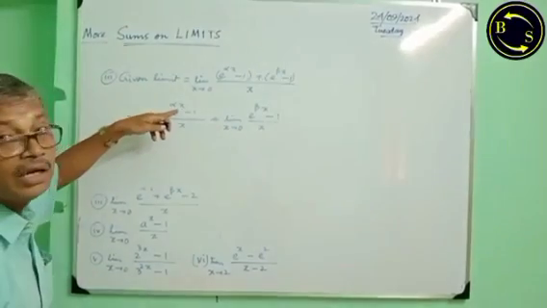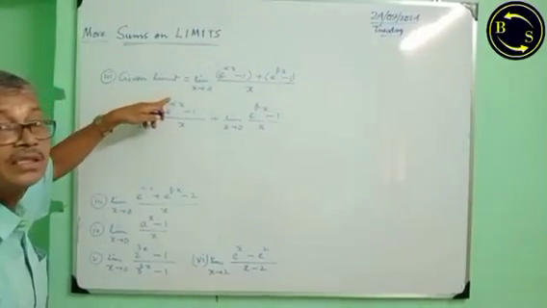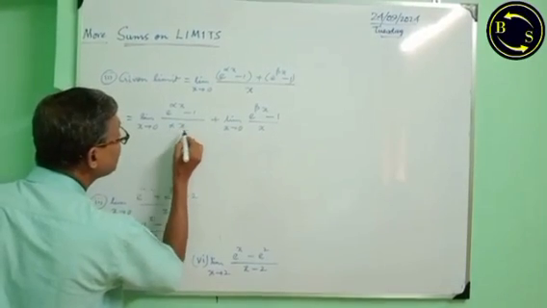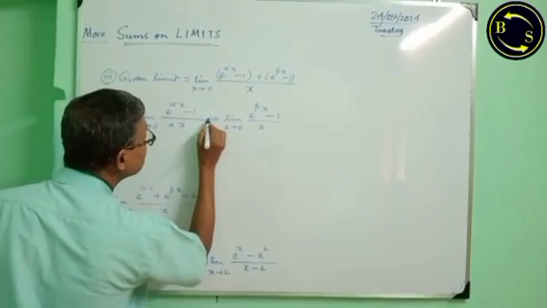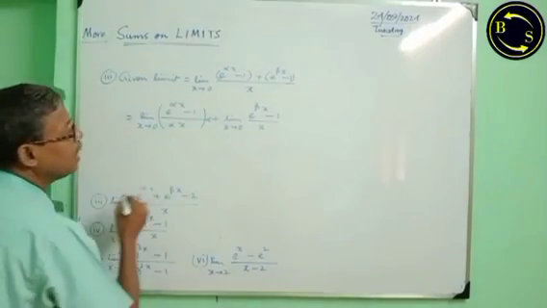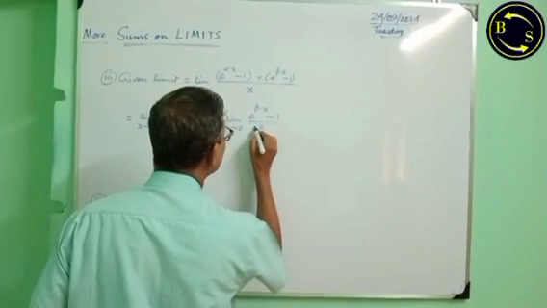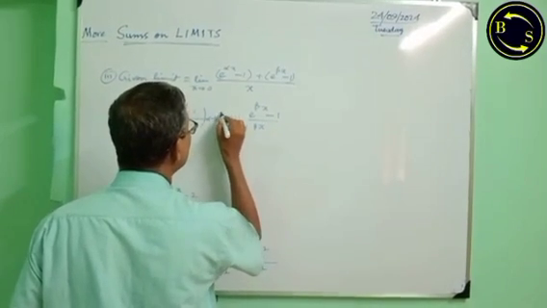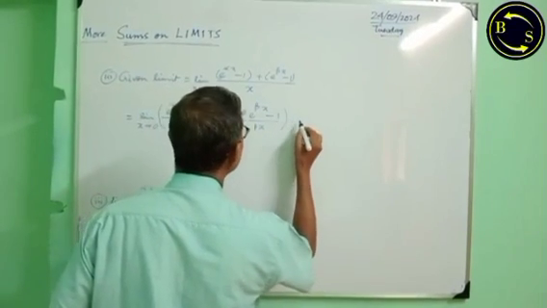Now e to the power alpha x, I write here alpha x, multiplied whole by alpha like this, and this is beta x, this is beta x, multiplied whole by beta.